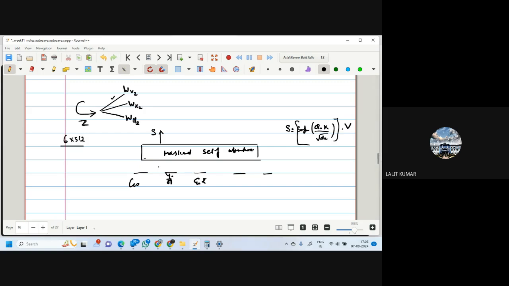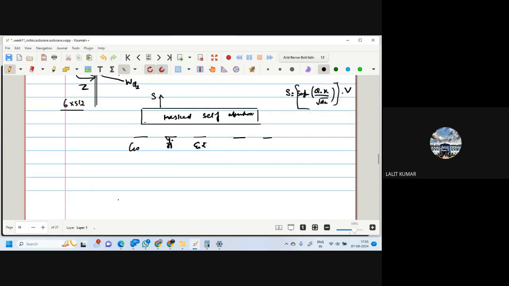So there are three weight matrices which come to the decoder part. And now this is the cross attention part.